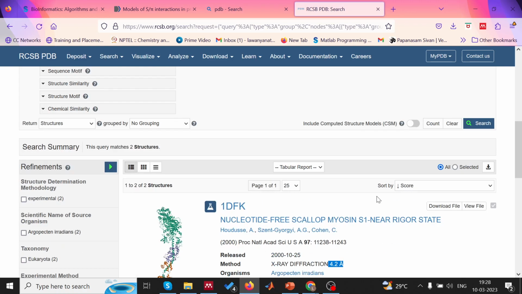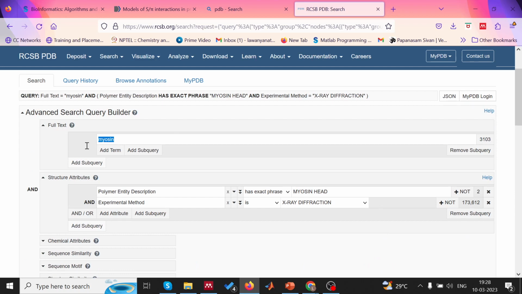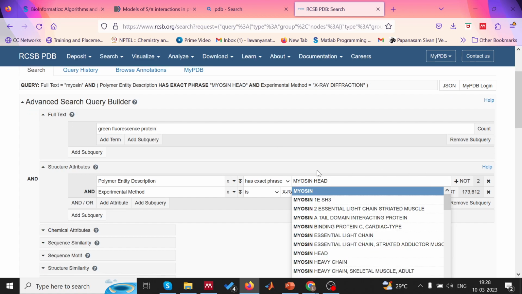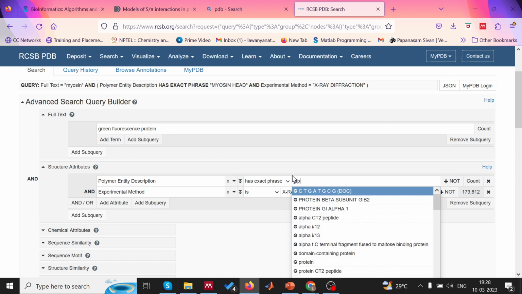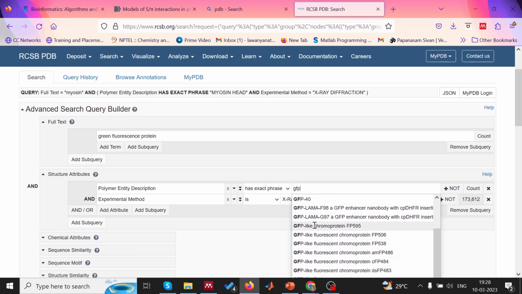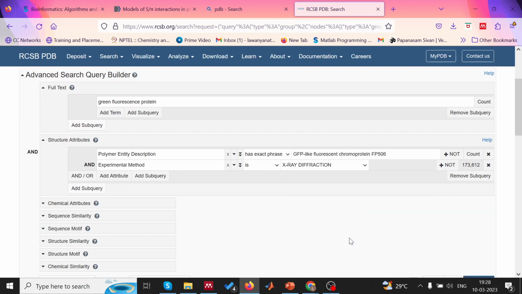Okay, now let's do something else. I'm going to change. Let's do green fluorescence protein. I got that because it said here, right? Example type green fluorescence protein. So now I'm tempted. It's one of the beautiful or standard beta barrel example that people give. So I'm just randomly getting.